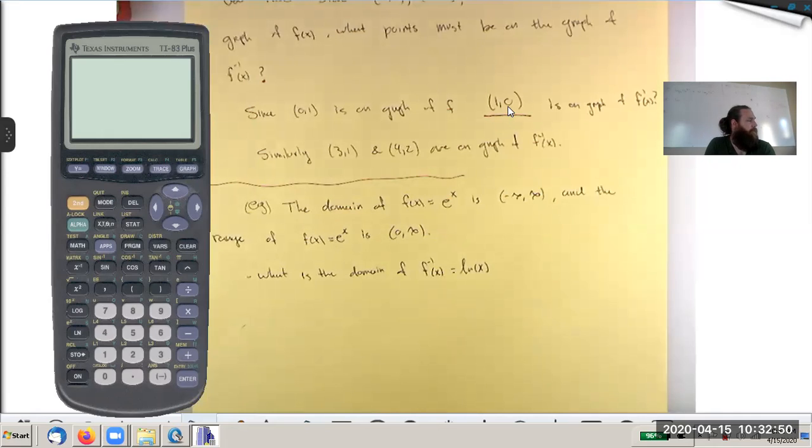This is one of those problems that you could attack in multiple ways. You could go ahead and graph the natural log of x and try to tell me what the domain is from the graph. If you don't see how to do it from this, go ahead and do that right now. I'll do it here along with you.